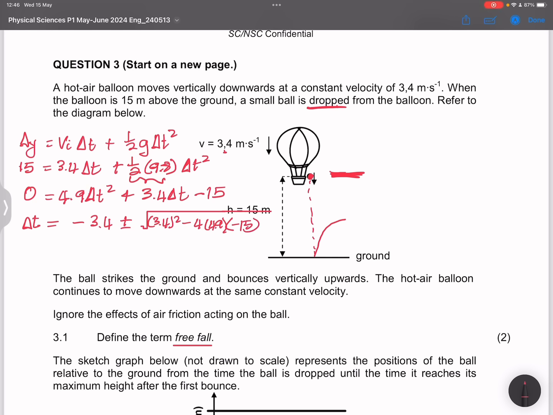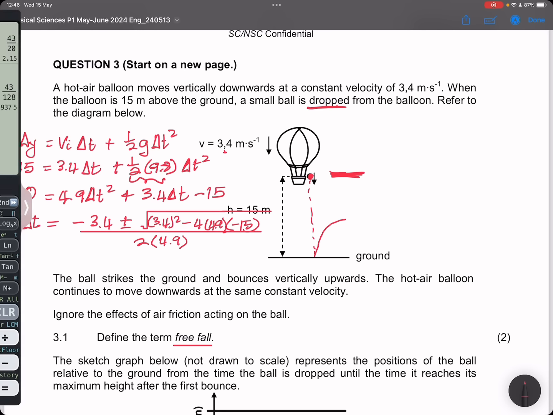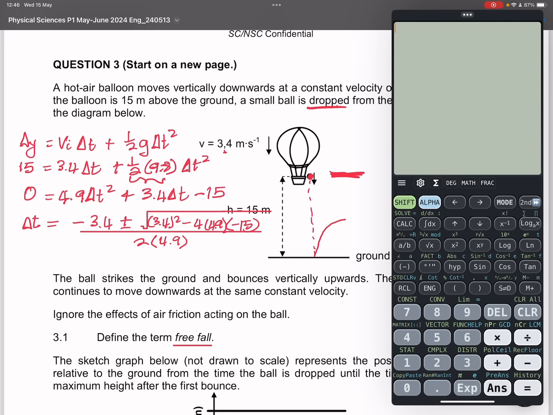All of that is under the square root, and this is divided by 2 times 4.9. Right, so let's try to get that.